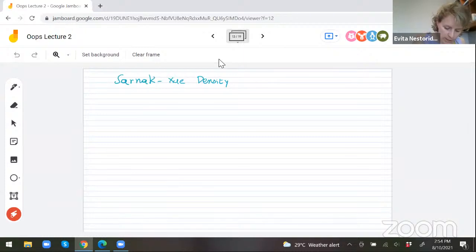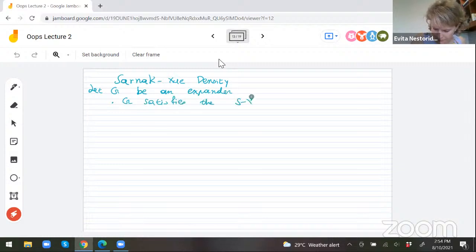So let G be an expander first of all. G satisfies the density property if the eigenvalues that exceed the Ramanujan bound are spaced nicely.